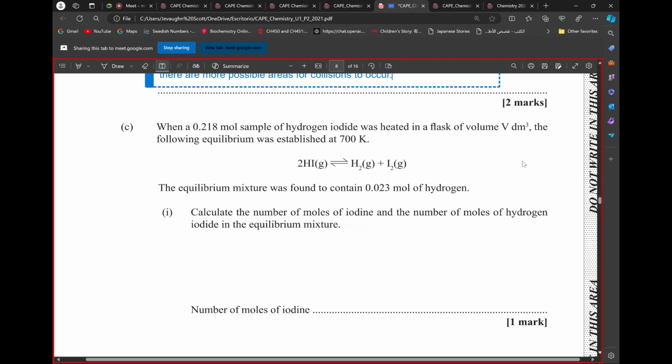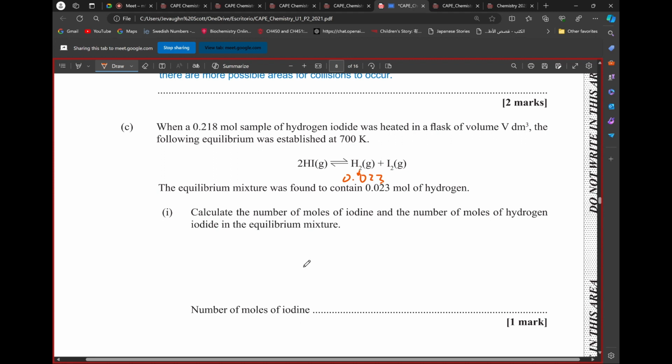How many moles of hydrogen are present? 0.023. Oh, sorry. Okay. So we know that 0.023 is present, right? So 0.023 here. So calculate the number of moles of iodine and the number of moles of hydrogen iodide.